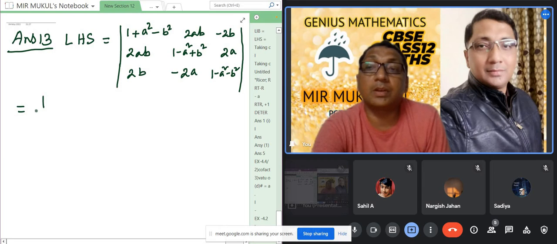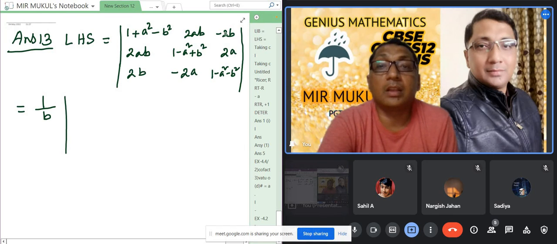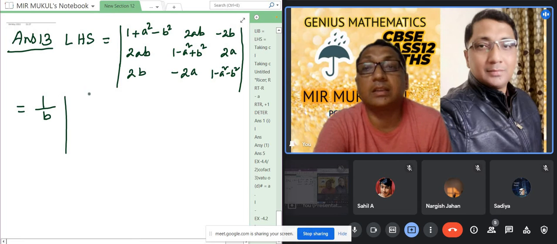If you want to multiply B with the third column, then divide by B, then you can multiply B with any row or any column. So I am multiplying this B with C3.